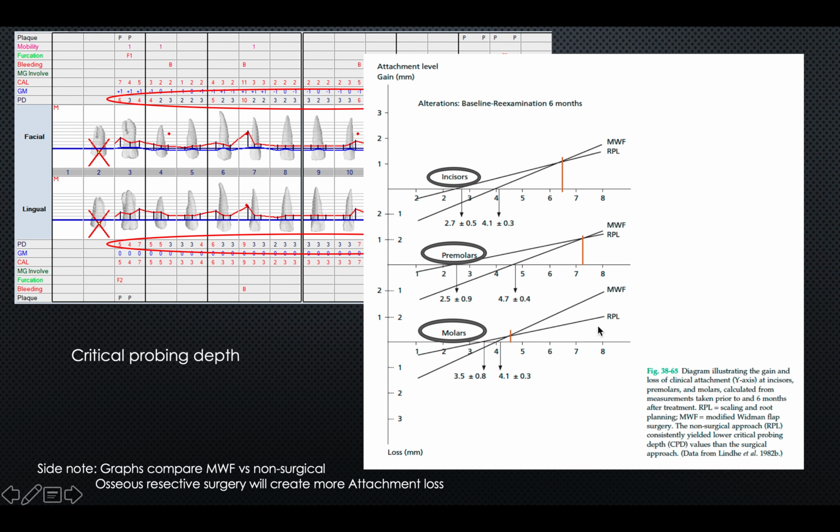However, these two lines deviate way more when I get to 6 mm and 7 mm. So if I have 7 mm around the molars, it looks like I gain more clinical attachment. So the patient will benefit more from periodontal surgical treatment for posterior teeth with deeper probing than anterior teeth.